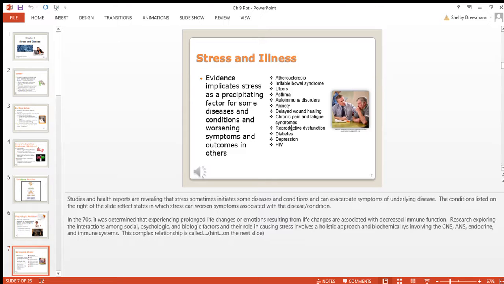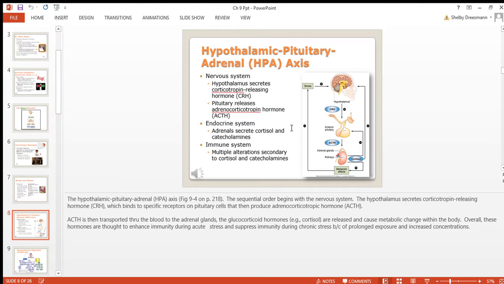Among social, psychologic, and biologic factors and their role in causing stress is a holistic and biochemical approach involving the central nervous system, autonomic nervous system, endocrine, and immune system. This complex relationship is called the HPA, the hypothalamic pituitary adrenal axis.